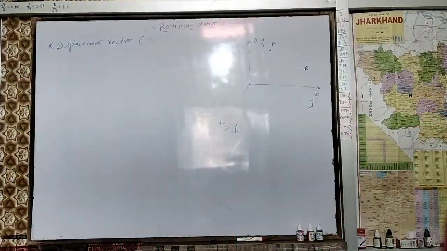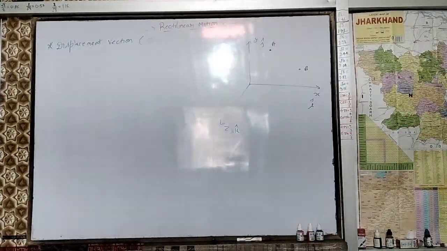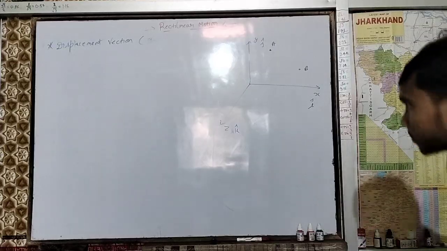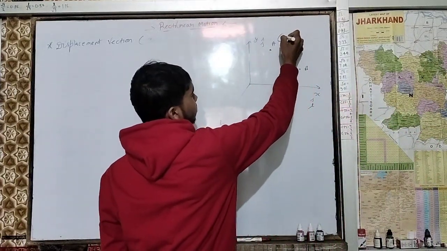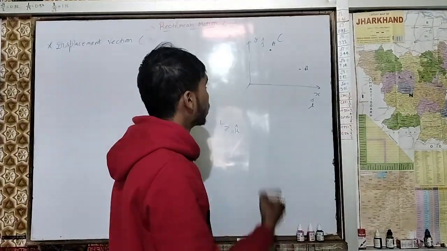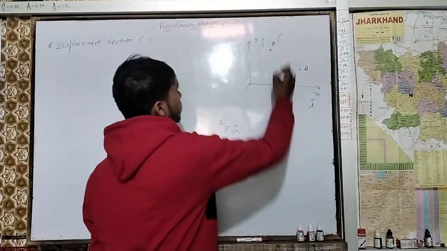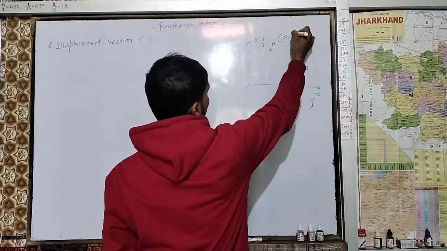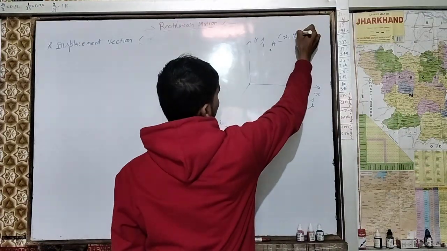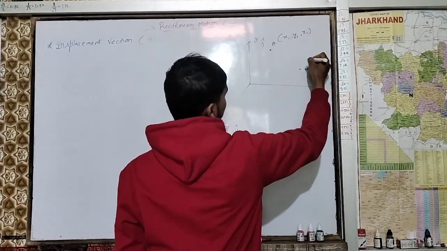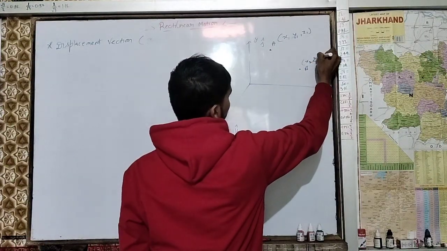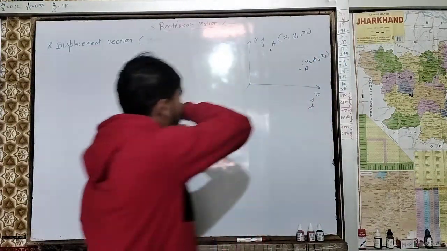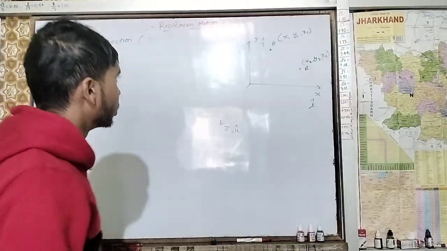The initial point is A and the final point is B. When it comes to coordinates, we represent the coordinates of any point like this: x1, y1, z1, and over here x2, y2, z2. That is how we represent coordinates of any body.